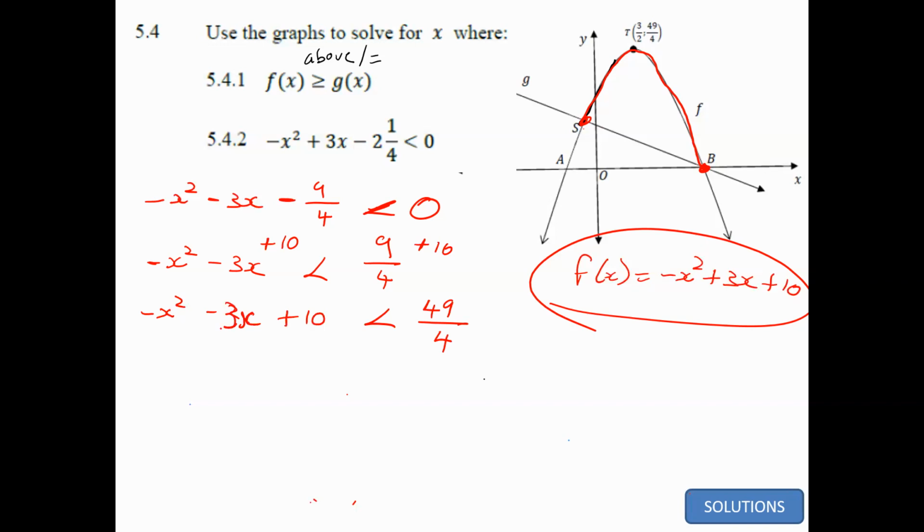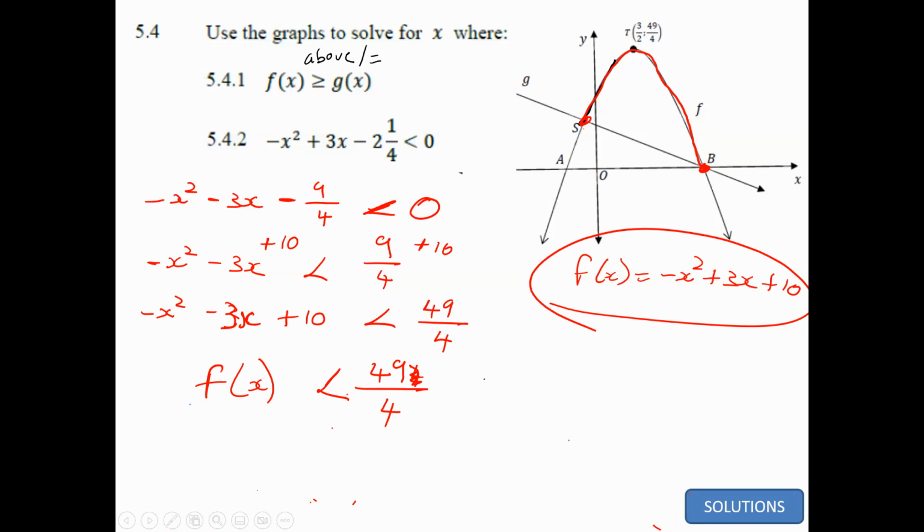Now, let's investigate. Minus x squared plus 3x plus 10 is actually f of x, if you didn't know that. That's the actual graph. When is that less than 49 over 4? Now, if you look at the graph, what do you notice? Where's 49 over 4?